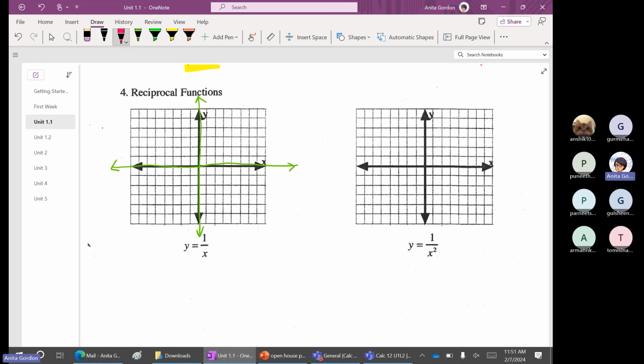What are some key points of a 1 over x function? Go ahead, shout them out. 1, 1. -1, -1. Goes on forever in which direction? What are we getting close to? So as I go to infinity, in the y direction it's going to be infinity, in the x direction... Yes, in the y direction up and in the x direction to 0.